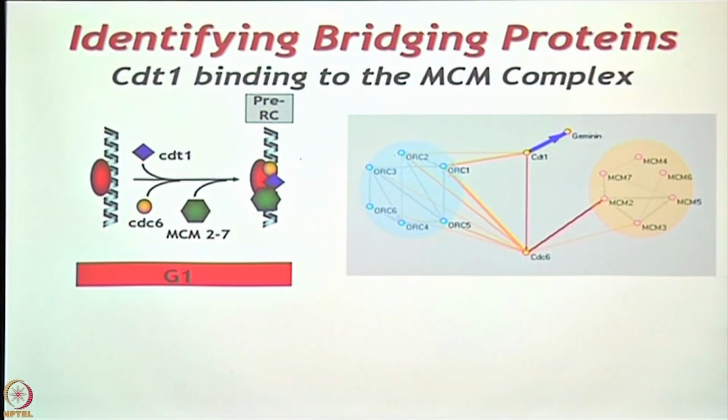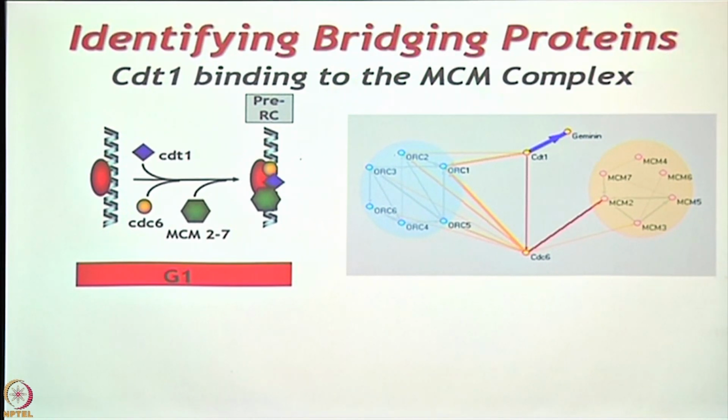The other thing that you can do if you want to play with these arrays is look at the possibility of multiple proteins interacting together. So we knew that CDT1 bound to the MCM complex. We could tell that because of biochemical studies that had been done before we got involved.